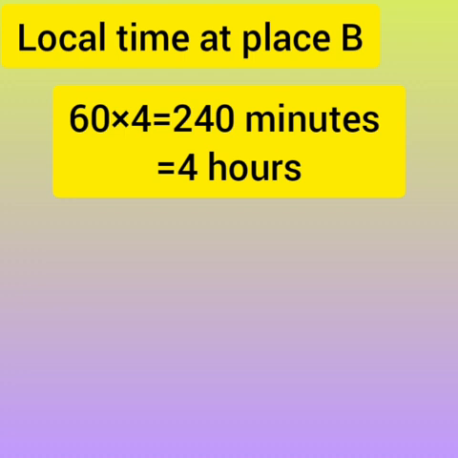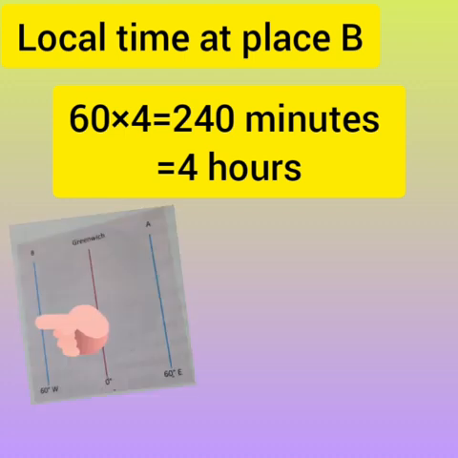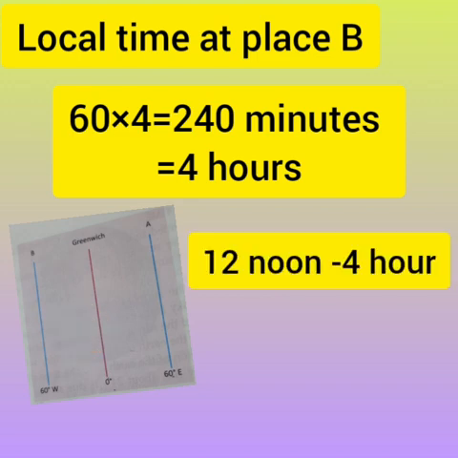But place B is located towards the west of the prime meridian, so the local time of B will be 4 hours behind the GMT, that is 8 a.m. So now you have understood how to calculate time.